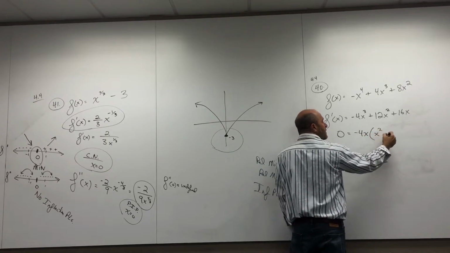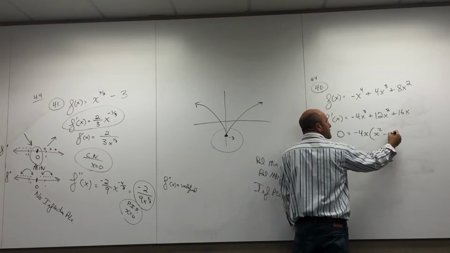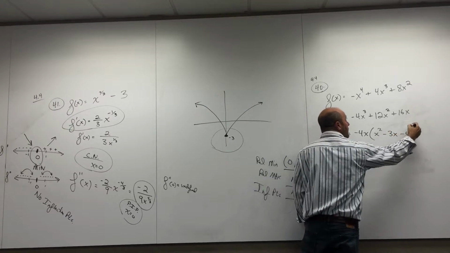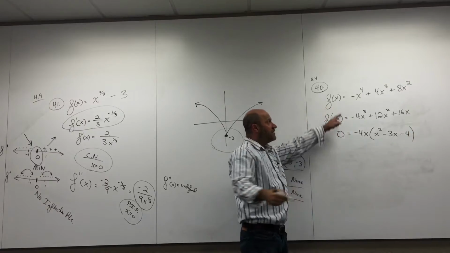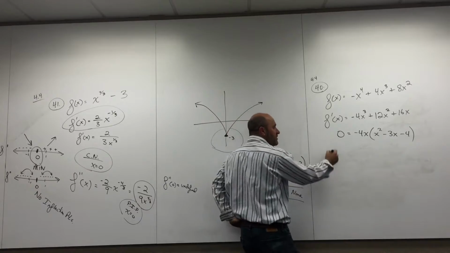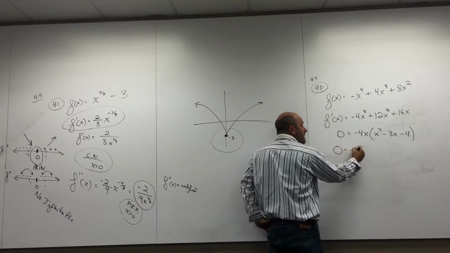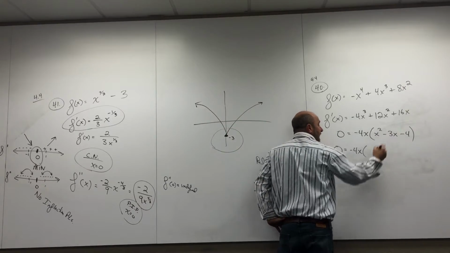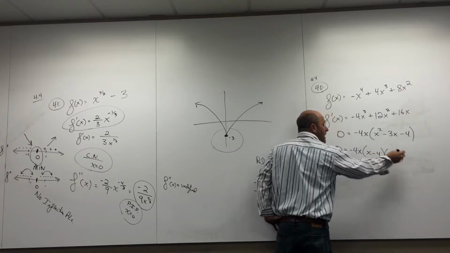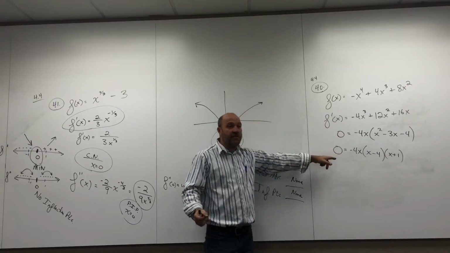X squared minus 3x minus 4. I took the derivative and factored out a 4x. It's good to be good at algebra. This factors nicely: x minus 4, x plus 1, I think. I think I got my derivative all factored.